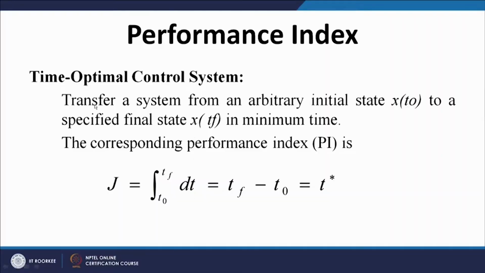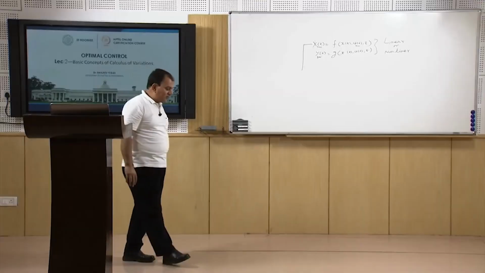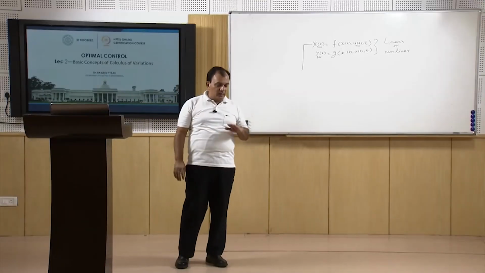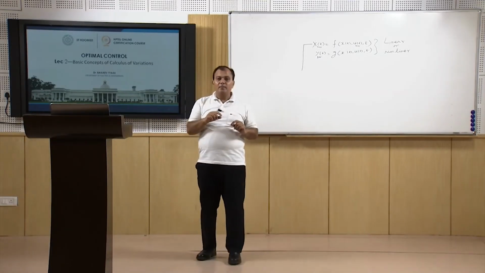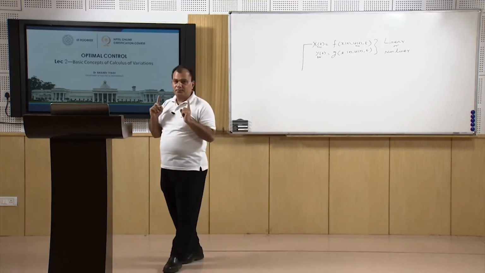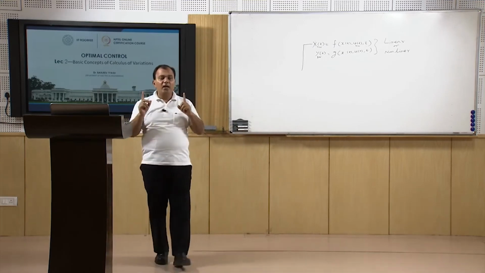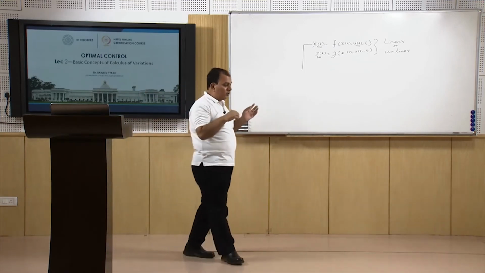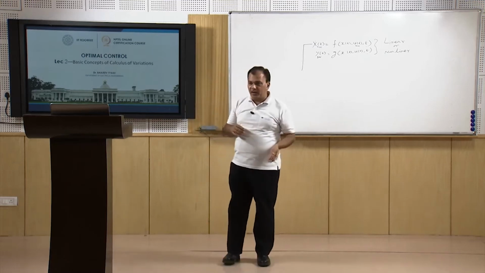Sometimes some other form of the performance index we can have depending upon the nature of the problem, like the time optimal control system, in which our objective is to transfer the state of the system from its initial value to final value in minimum time. There we are not concentrating on the error or control efforts or some other parameter.